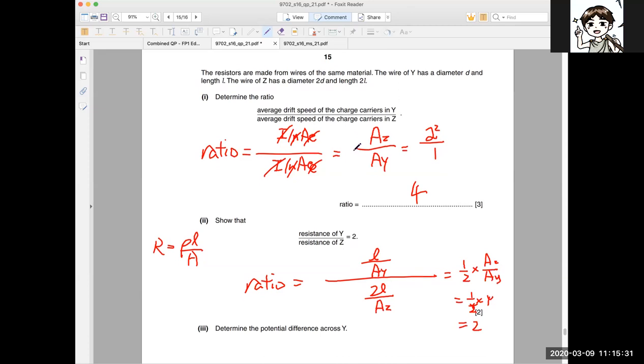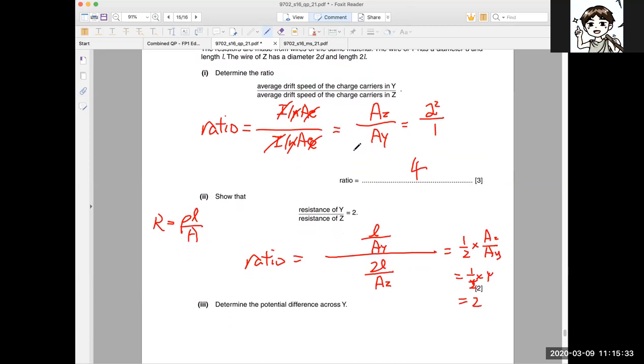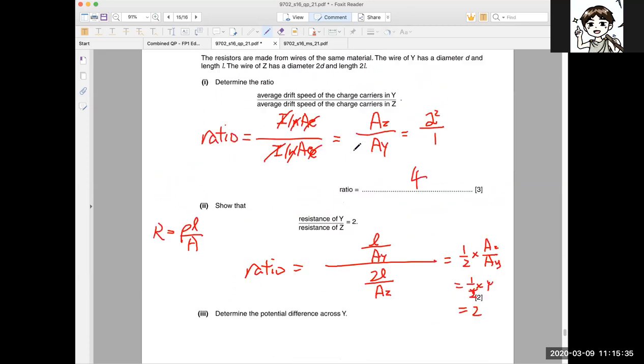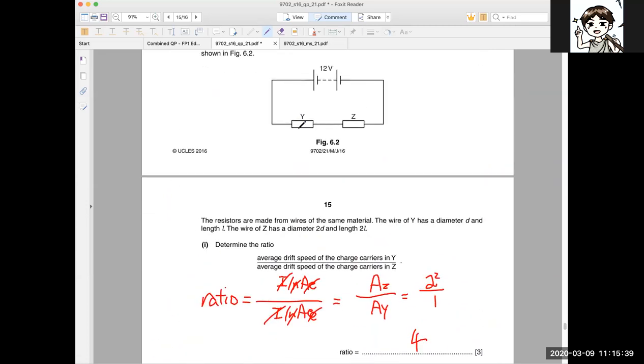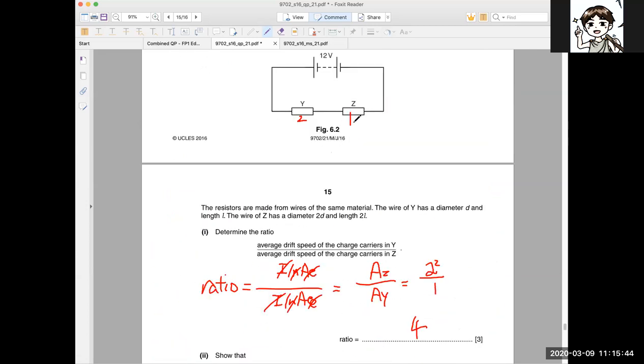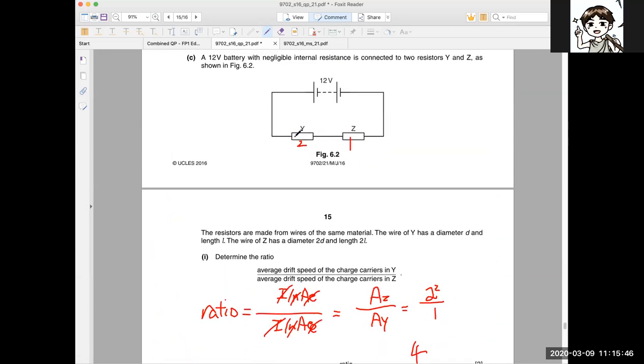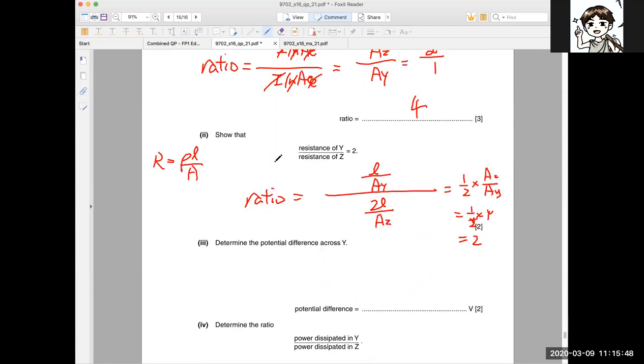Let's go on. Determine the potential difference across Y. You use a potential divider. The ratio of the resistance is 2 to 1, and the potential difference across Y is just the ratio. That means it's 12 times 2 divided by 2 plus 1, and you get 8 volts.